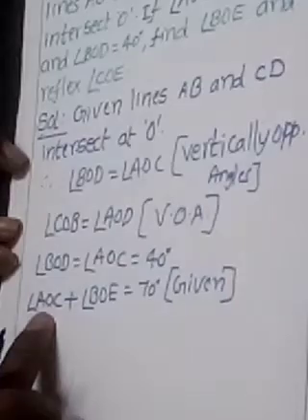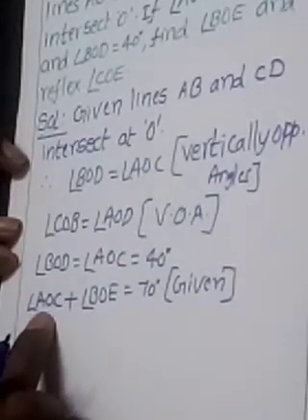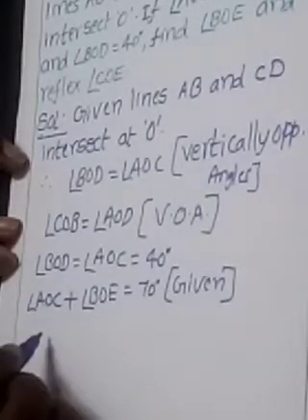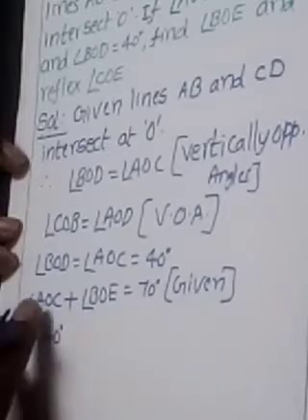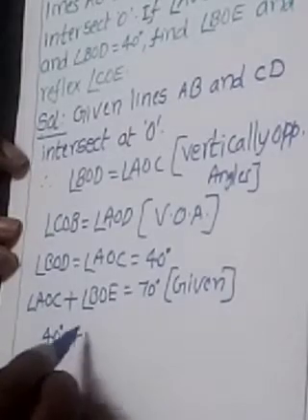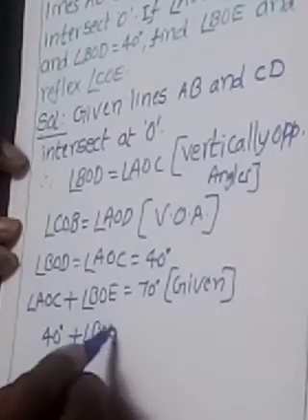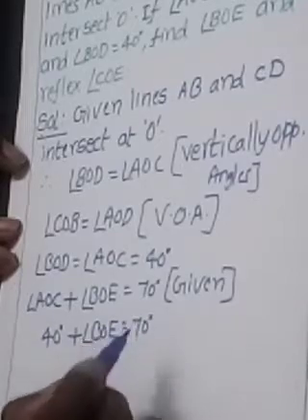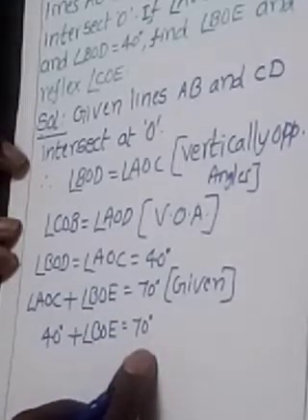So we will substitute. Can we substitute or not, my children? So angle AOC value is 40 degrees plus angle BOE is equal to 70 degrees. Understood this step, my children?